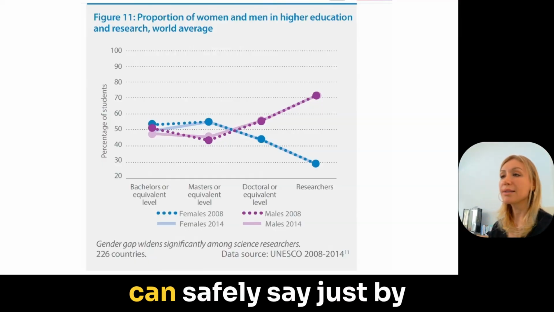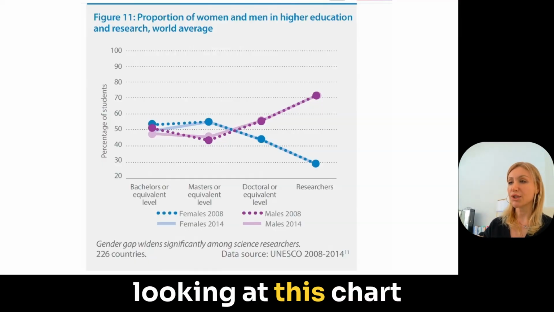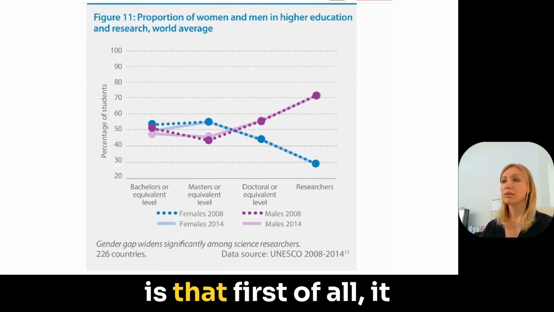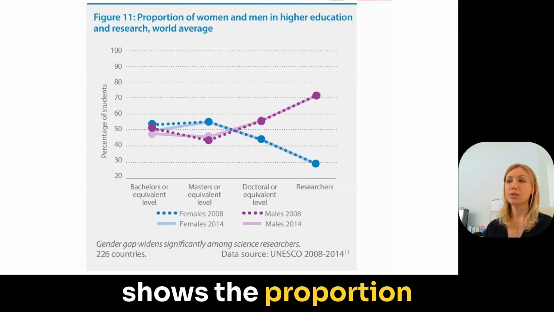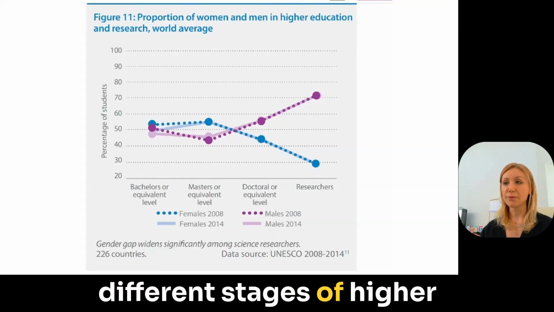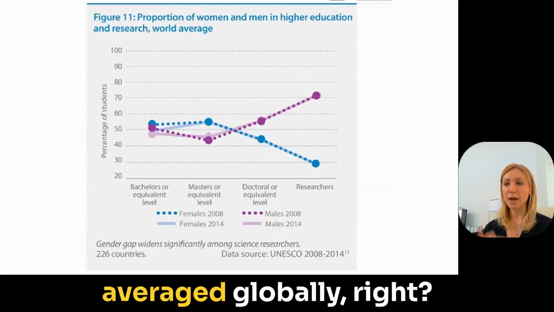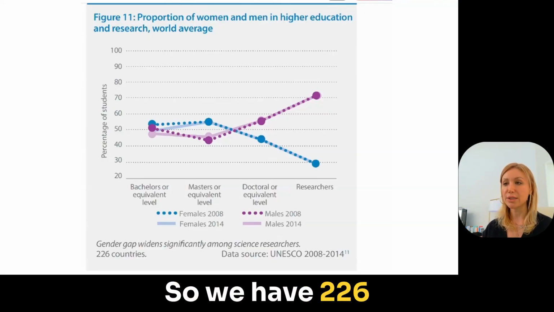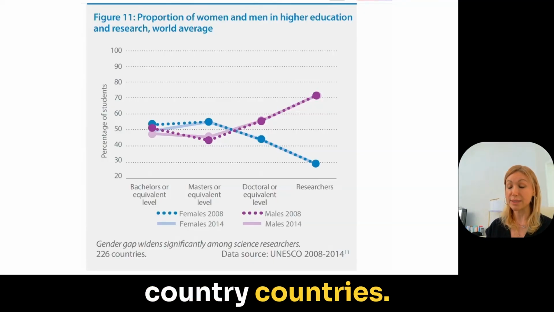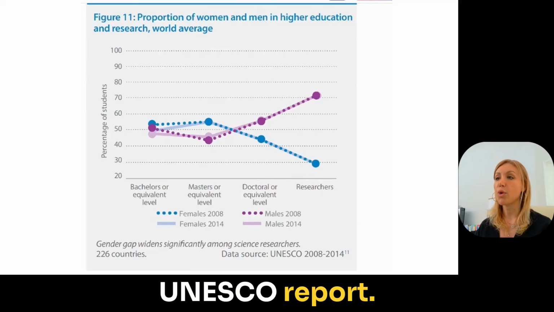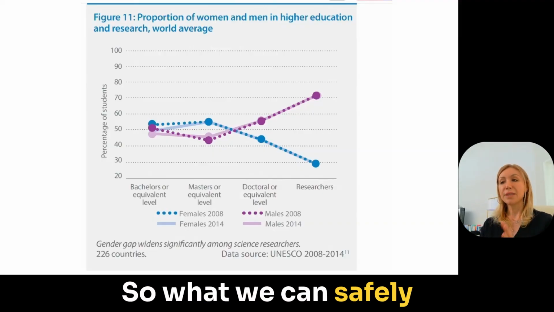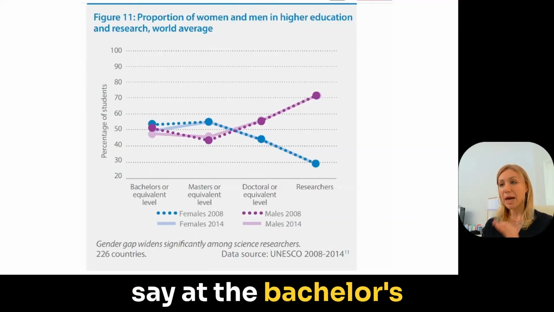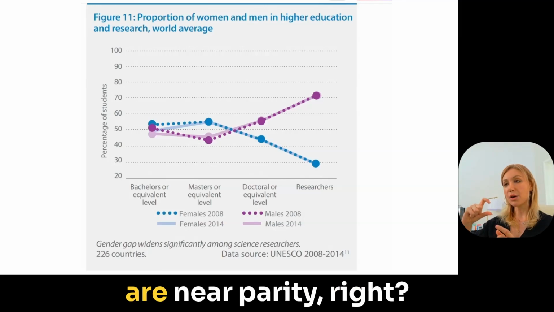Okay, so what we can safely say, just by looking at this chart, is that first of all, it shows the proportion of women and men at different stages of higher education and research, averaged globally, right? So we have 226 countries. That's a UNESCO report. At the bachelor's level, women and men are near parity, right?